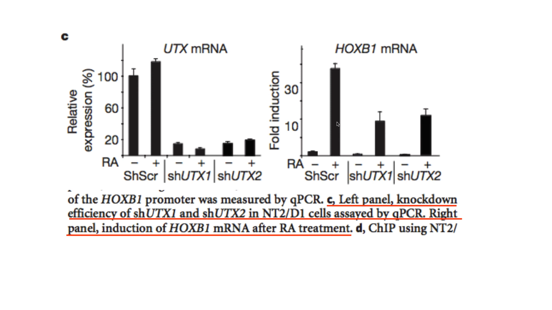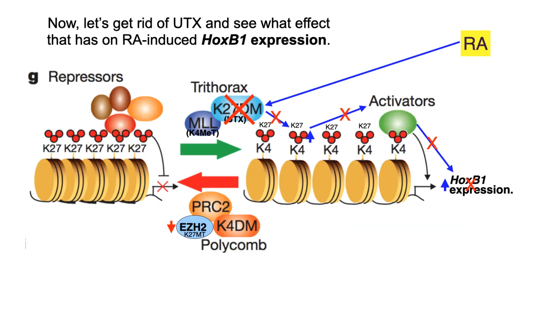And now when you take away UTX protein, look at how much you reduce that HOXB1 expression. Aha. So that's consistent with the hypothesis here that retinoic acid turns on HOXB1 expression through UTX. So that if you take away UTX, you get less expression.